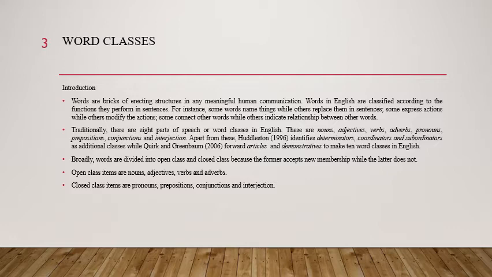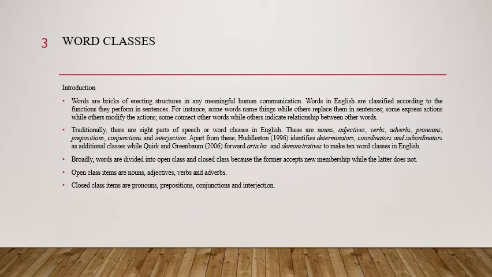Even though advancement in modern grammar tends to bring other subdivisions where generally the parts of speech are divided into open and closed class items. The open class are those items that comprise nouns, adjectives, verbs, and adverbs.